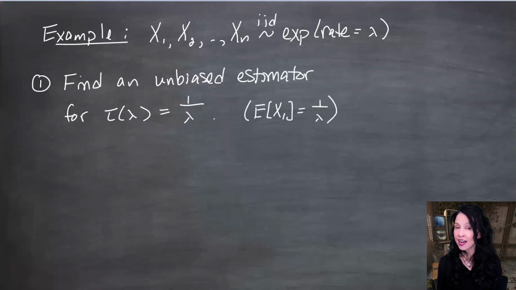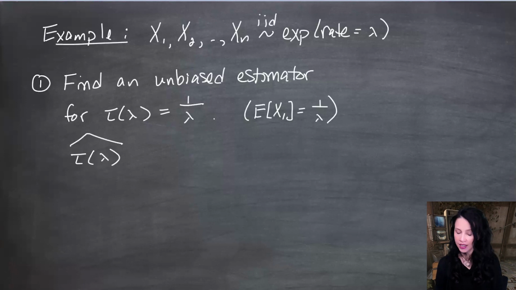And we said last time that the sample mean is always an unbiased estimator of the mean of the distribution. So I think we should take our estimator for this function to be x bar, because if you take the expected value of this, it turns into this expected value and it turns into this.